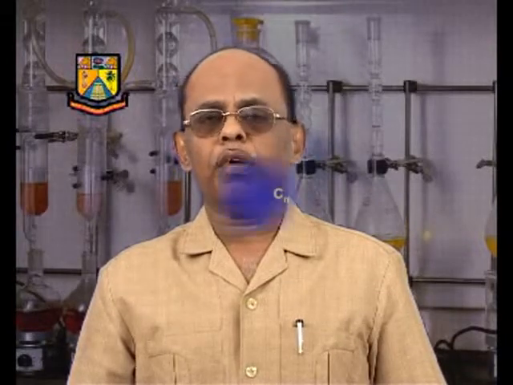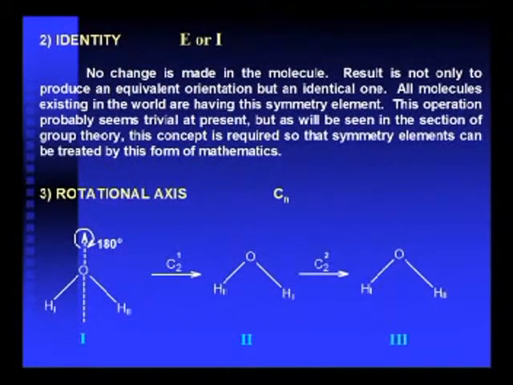For example, if you look at the water molecule, there are 2 structures, given in diagrams 1 and 2. From structure number 1, if you rotate the molecule by an angle of 180 degrees, we get another orientation, structure number 2. These 2 are indistinguishable. Hence I can claim the water molecule has symmetry.